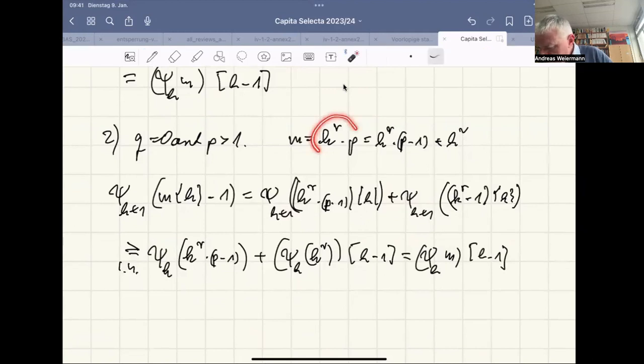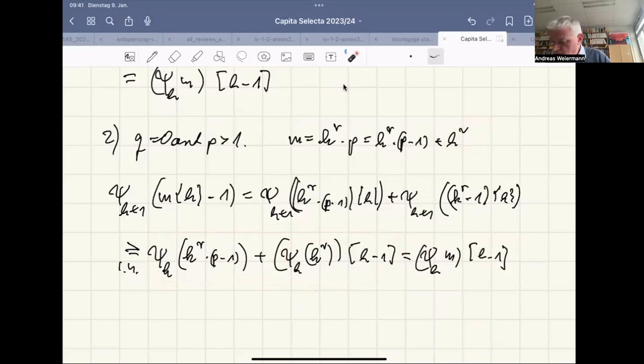So if you look at this one, psi_k of m is omega to the psi_k of r times p. But now we use here just the part on the last element. And then the whole thing here is alpha plus beta at the fundamental sequence. This is the same as taking alpha plus beta as a fundamental sequence.